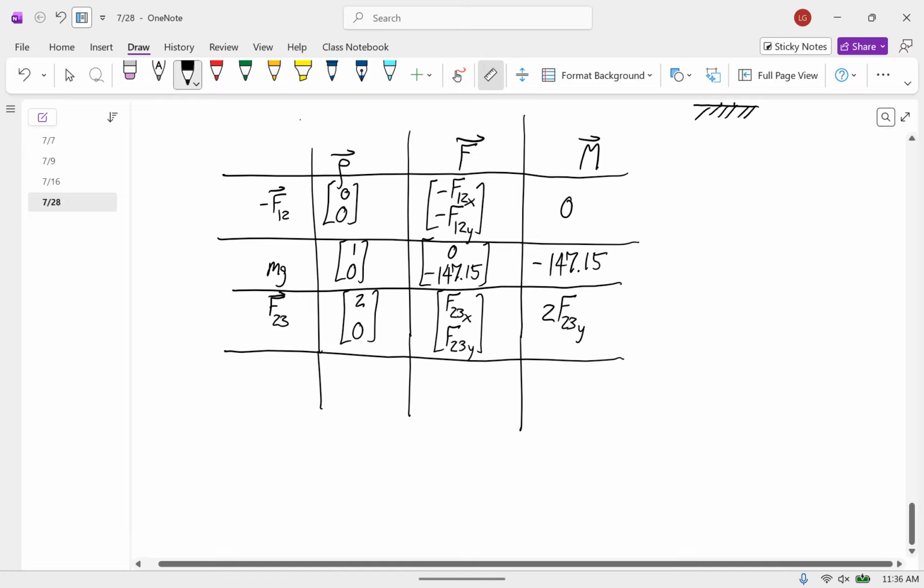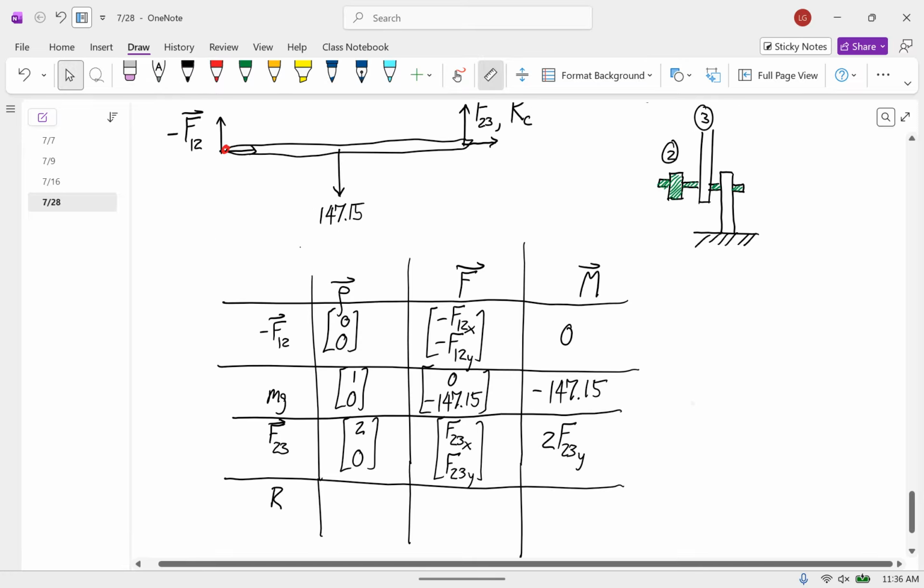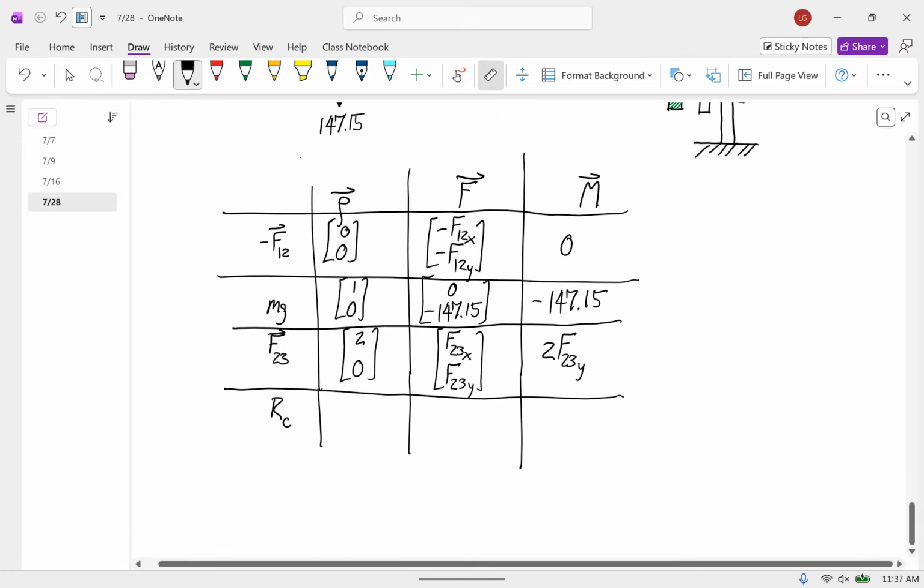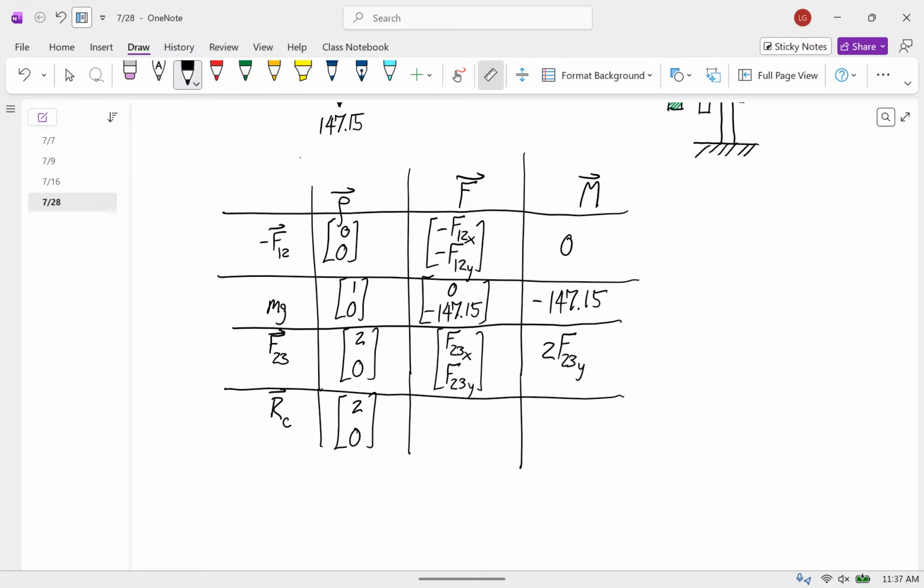And then I'll go to RC. The row vector again is 2, 0. The force vector is RCX, RCY. Cross product is 2 RCY.